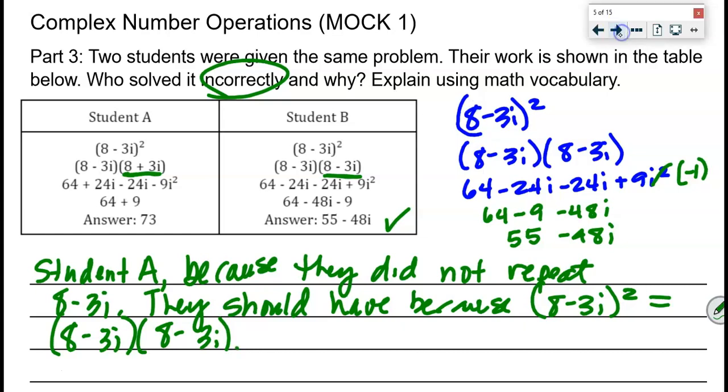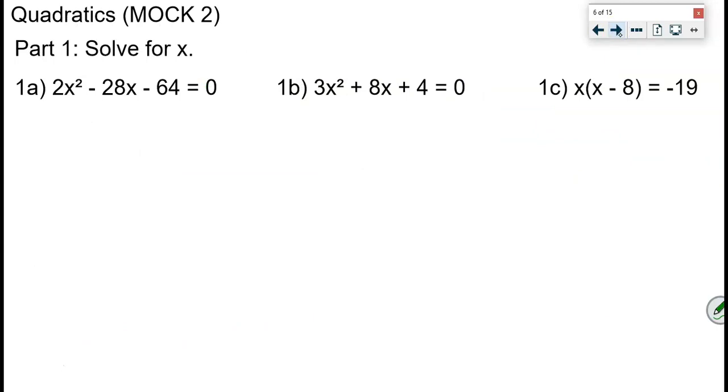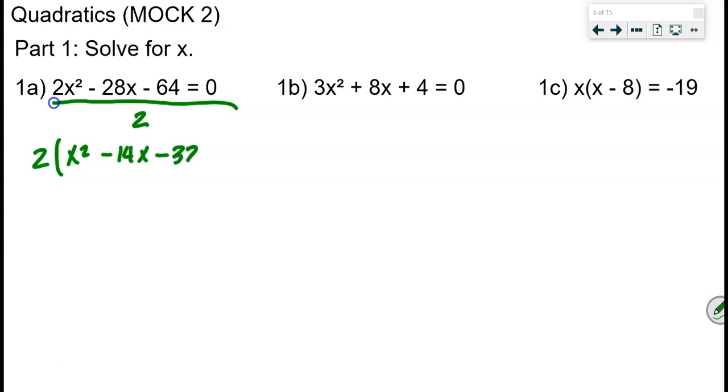All right, so now we're going on to Math 2. So this one just says solve for x. So the first thing I'm going to do with this problem is divide everything by 2 because I see that it has a GCF of 2. So I'm going to put that 2 out there. It's going to give me x squared minus 14x minus 32 equals 0. Then I'm going to factor this. Okay?